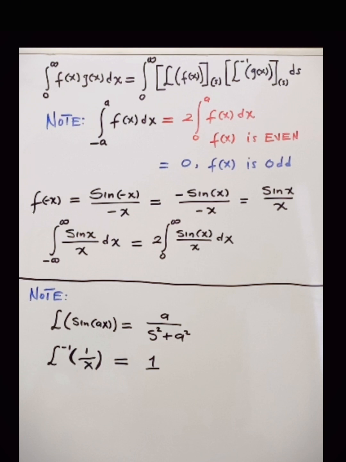Now if we look at sine of x over x, let's plug in minus x. If we plug in minus x, we have f of minus x is equal to sine of minus x over minus x. Now sine of minus x is equal to minus sine of x, and in the denominator we just have minus x.